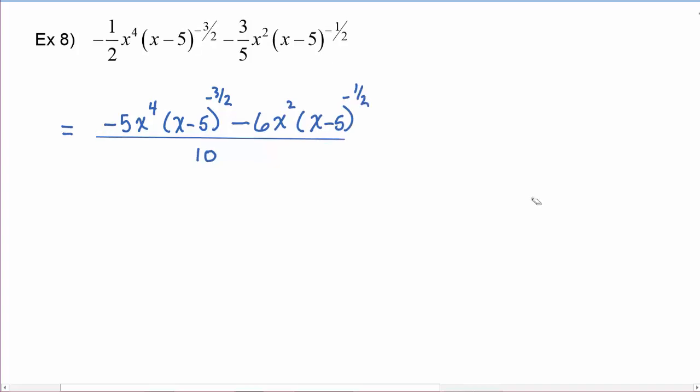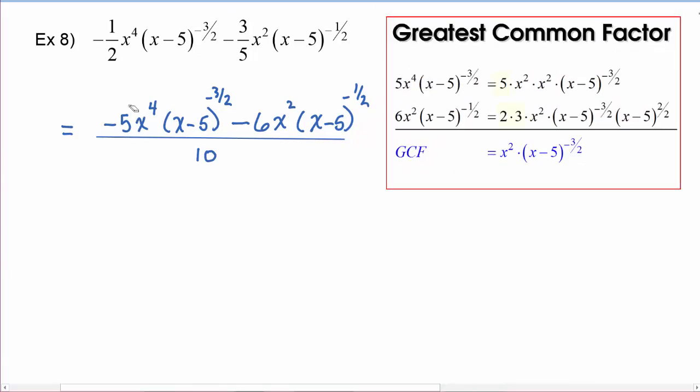Now the next order of business is to find the greatest common factor. We know that 5 and 6 don't have any common factors, so we aren't going to get anything from the coefficients. We know that x to the 4th and x squared have a common factor of x squared, and since both these terms are negative, let's go ahead and factor out a negative x squared.